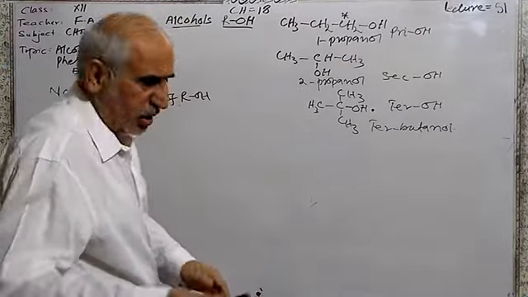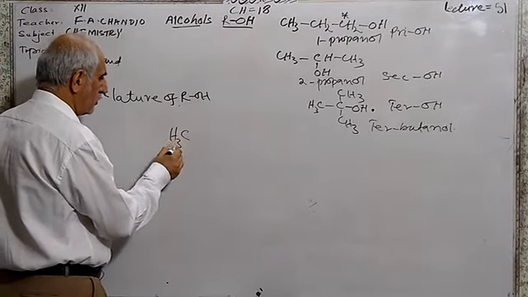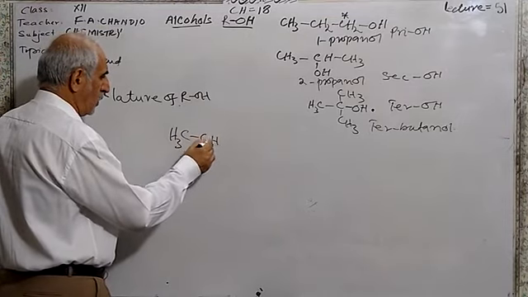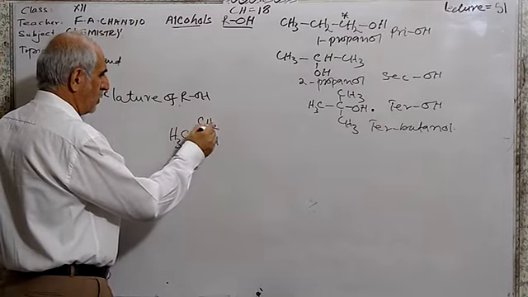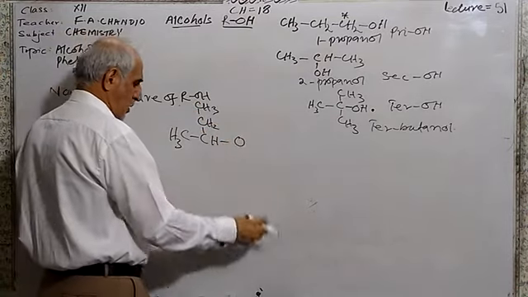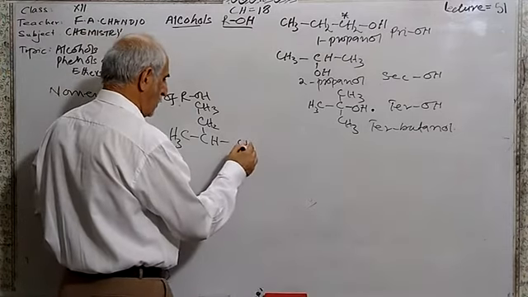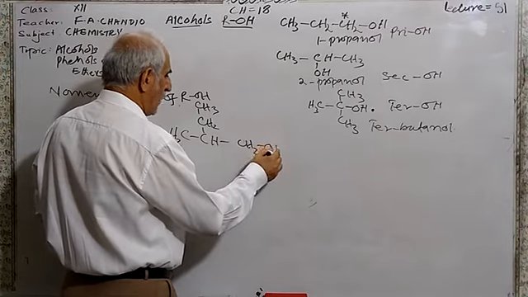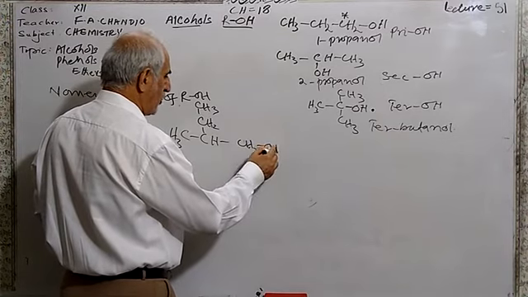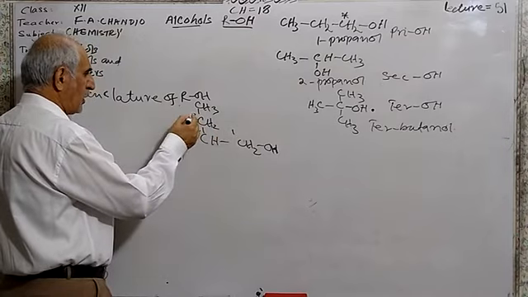So suppose we have one like this. This is the OH group attached here. So starting from here, 1, 2, 3 and 4.